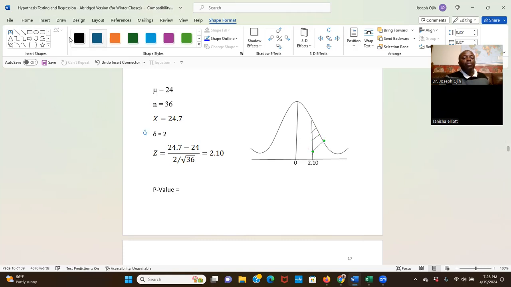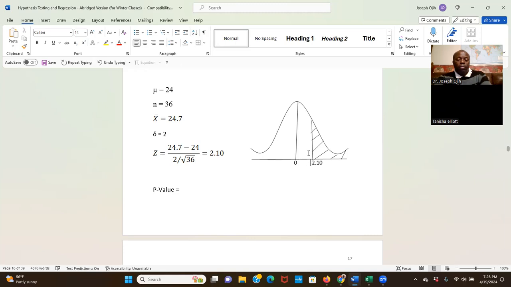So this will help you to find the p-value. If you remember, when we were doing normal distribution, I mentioned that when it's on the tail, just subtract your answer from 0.5. We did it several times in that topic. So this is on the tail, so the p-value will not be anything we found here. Subtract from 0.5.